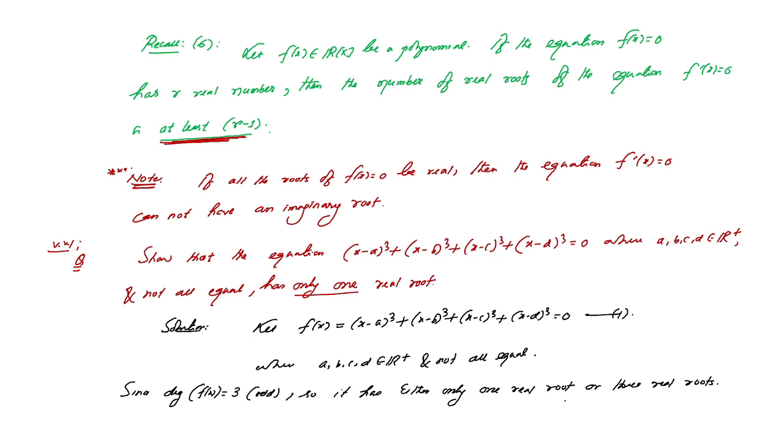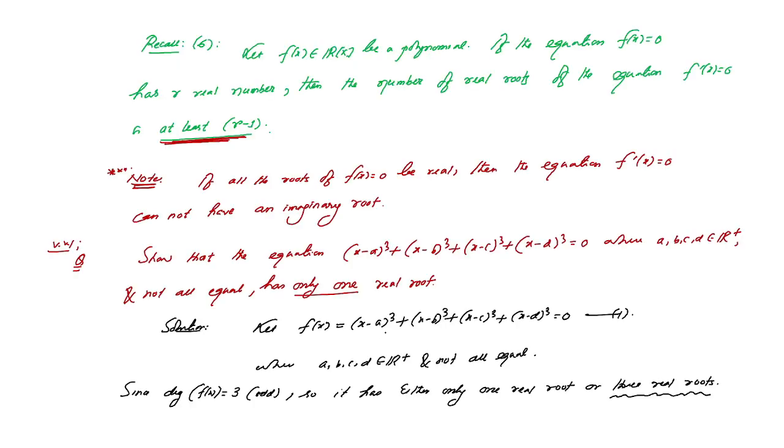Here the degree is odd, that's why a real root must be there. Now we need to show only one real root, but there is a possibility of 3 real roots. So we need to discard this possibility with the help of a logical argument. So let us assume the equation has more than one real root.